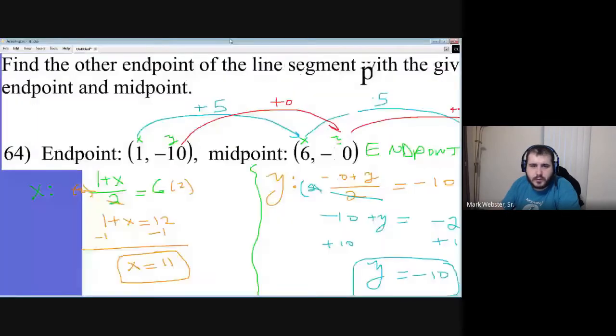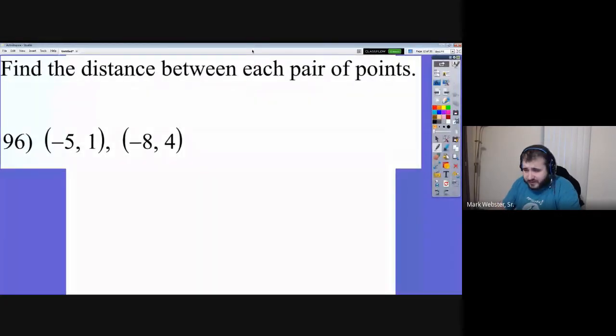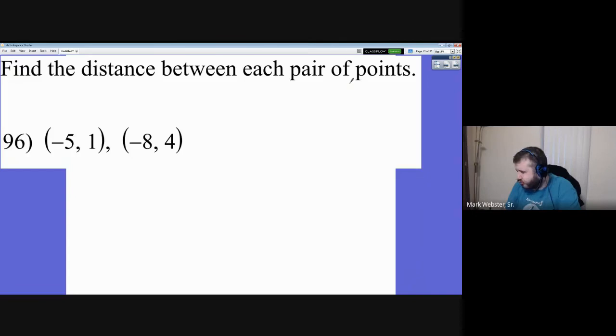All right, what are we doing now? Now we're going to find the distance. There's a bunch of ways to do this. In your textbook, they do give you a formula. This is one of the first actual formulas that you're going to get, the distance formula.